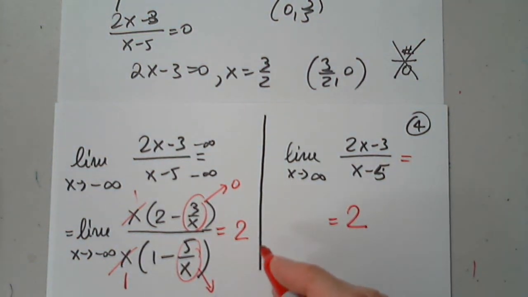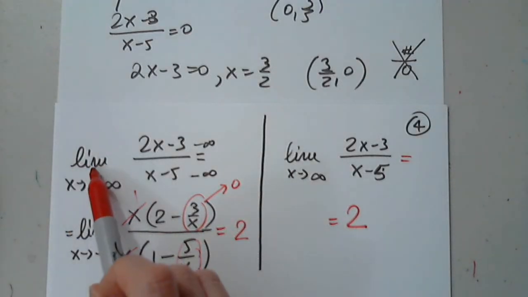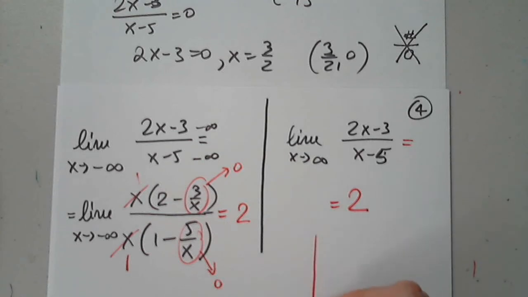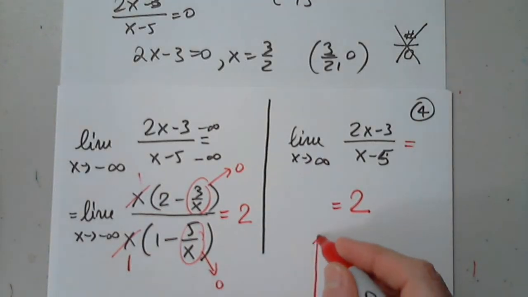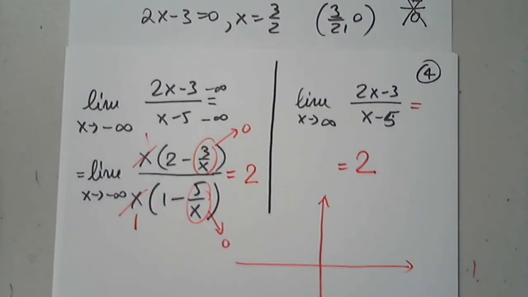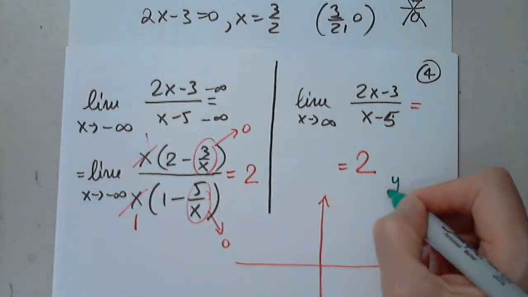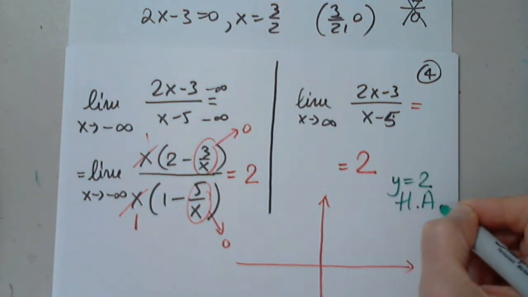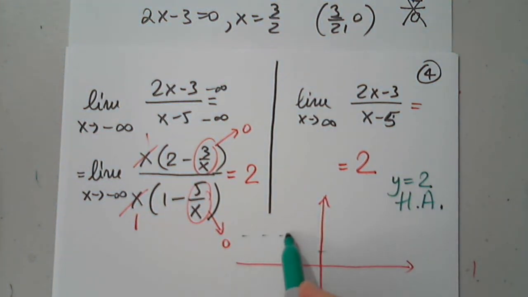What does this mean? So when the limit of a function, when x approaches negative infinity equals 2, it means this. y equals 2 is a horizontal asymptote. So something like this. This is not part of the graph.